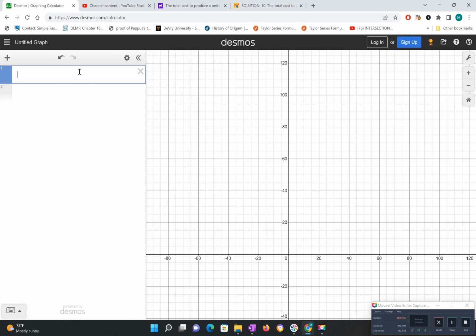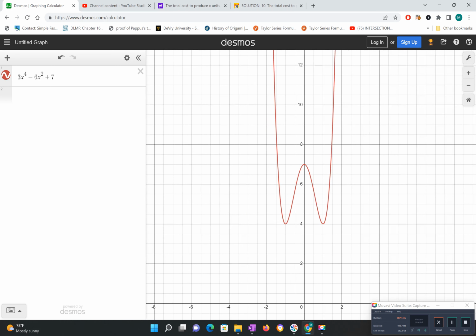And again, we're revisiting. They give us 3x raised to the fourth minus 6x raised to the second plus 7. And you notice a little cluster happening right here. There you are, right there. Boom. There's one. There's the other. All right, I'm going to pause this second part of the review and I'll continue the third.